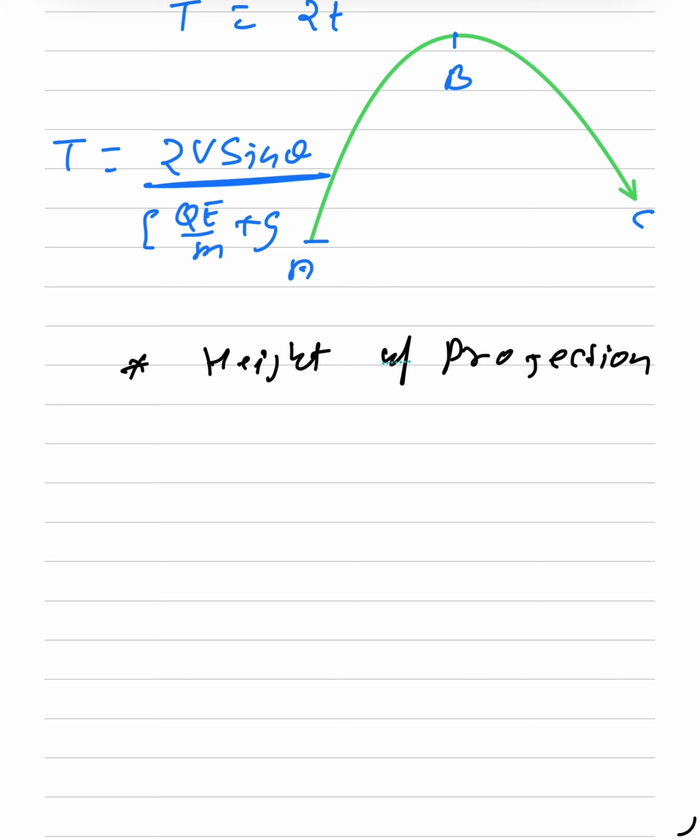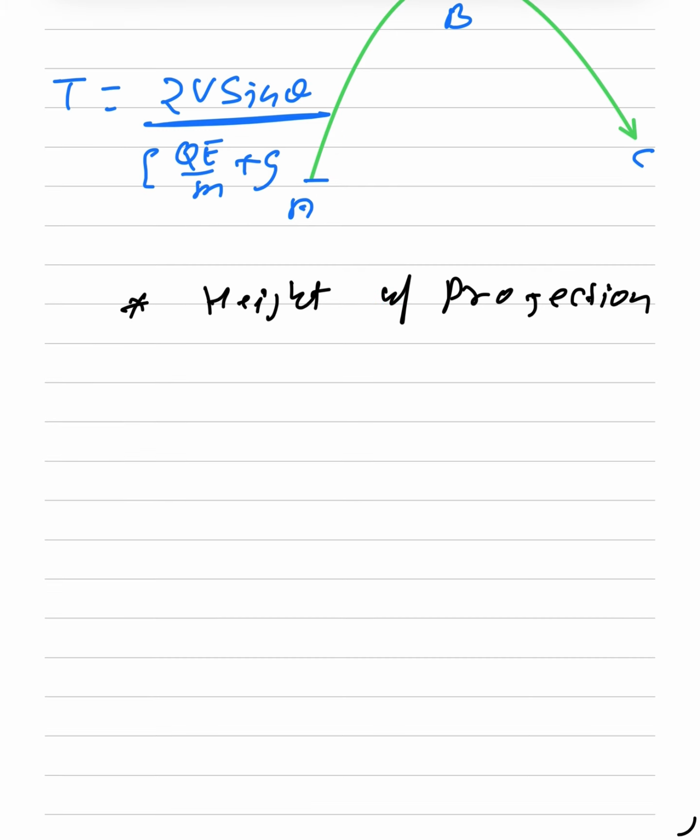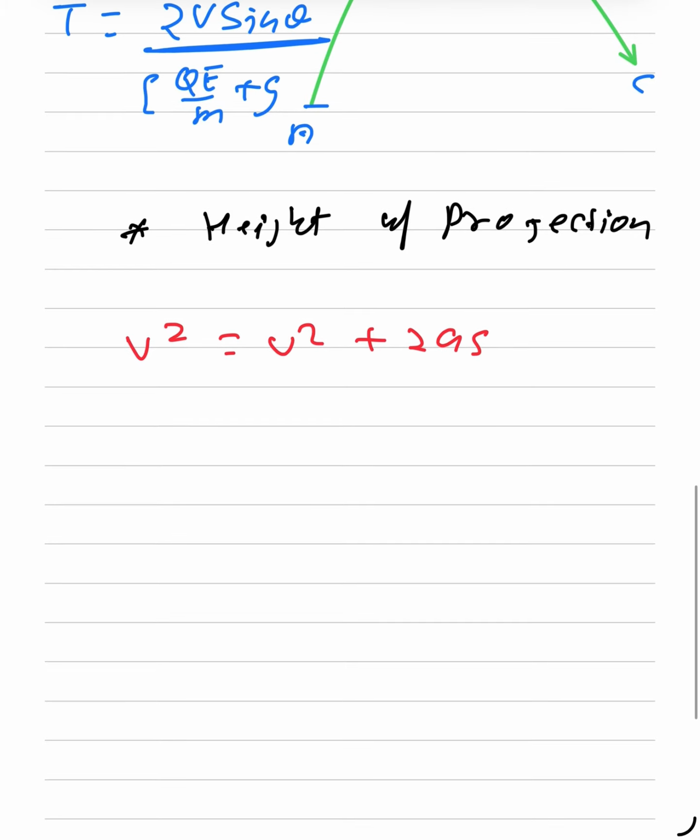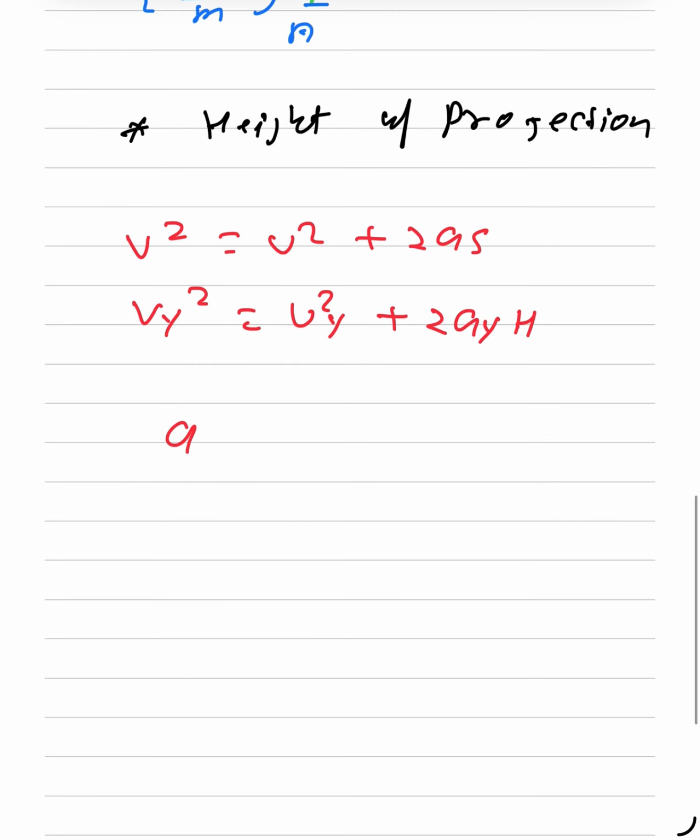From the third equation of motion, v square equal to u square plus 2 a s, converting along the y direction, v y square equal to u y square plus 2 a y h, where h is the height of projection, and a y means g effective.